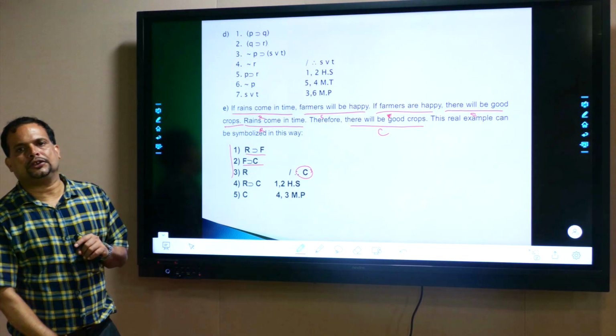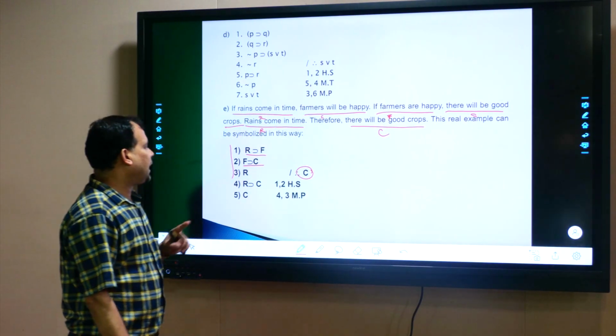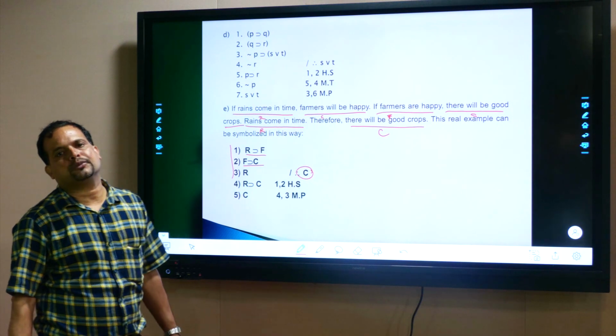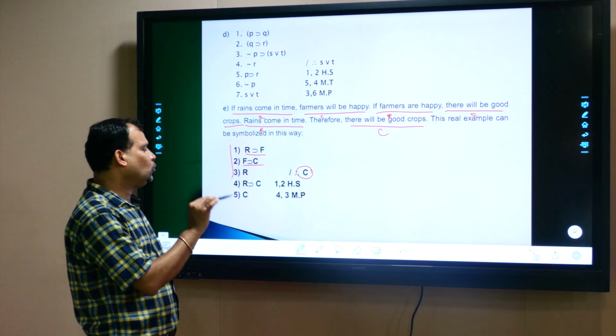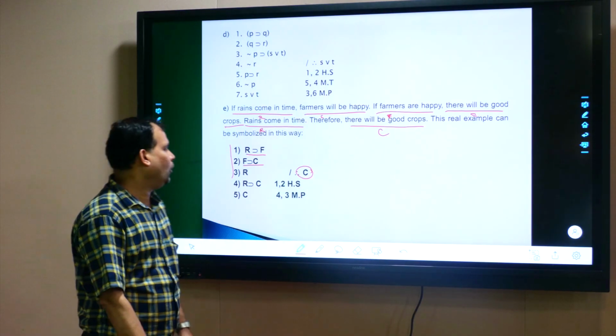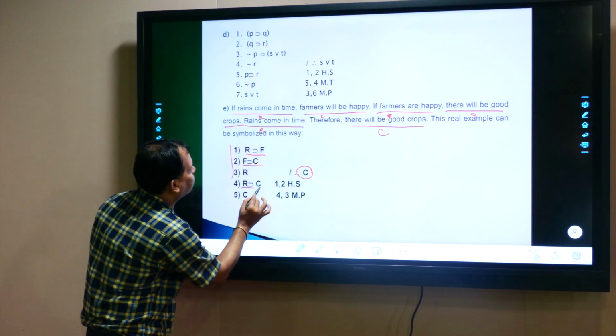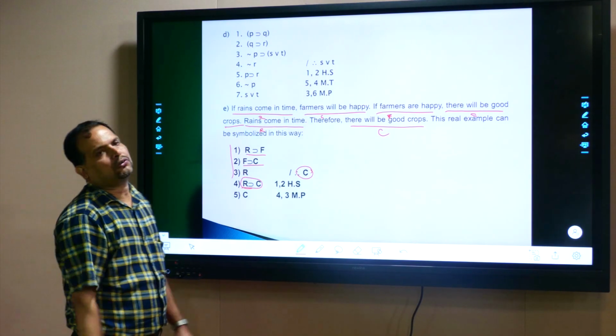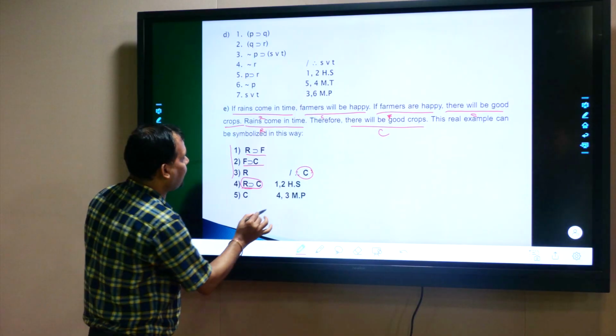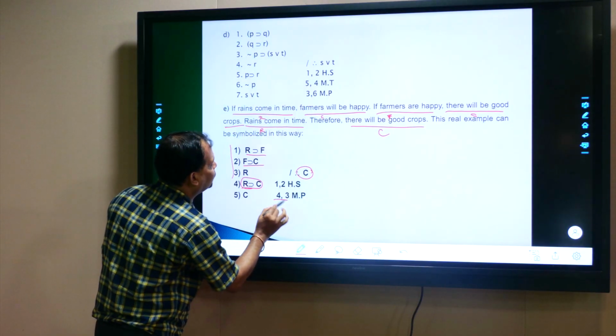Now, dear learners, you see, we apply hypothetical syllogism to 1 and 2. By applying hypothetical syllogism to 1 and 2, we find R implies C. Now how can we deduce the conclusion C? We apply the modus ponens rule to 4 and 3.